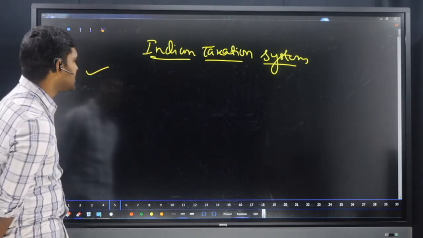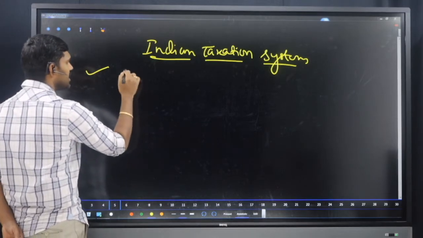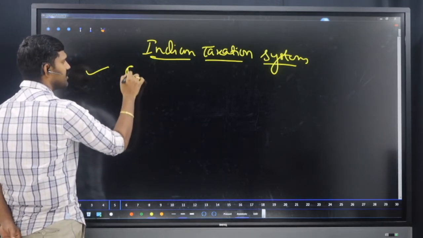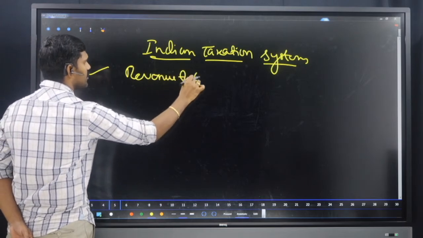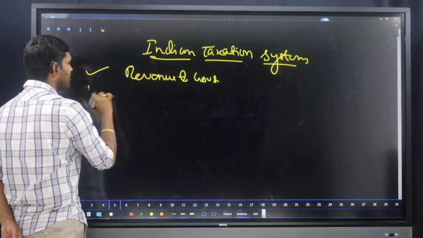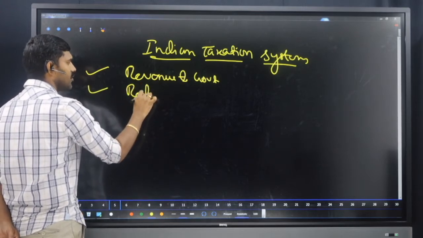And remember that tax is very important. The first is that it generates revenue for the government. The second is that it reduces economic inequalities.